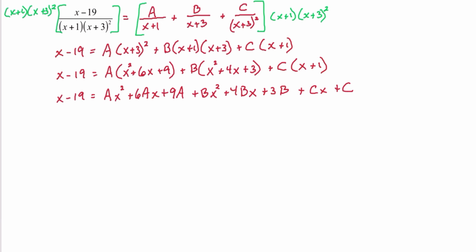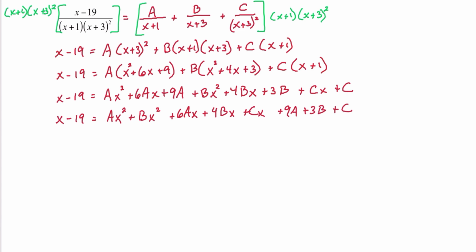We're going to group x squared terms together, x terms together, and constants together. Ax squared plus Bx squared. We don't have any Cx squared, so we'll move on to the x's. 6Ax plus 4Bx plus Cx, and then the constants. 9A plus 3B plus C.